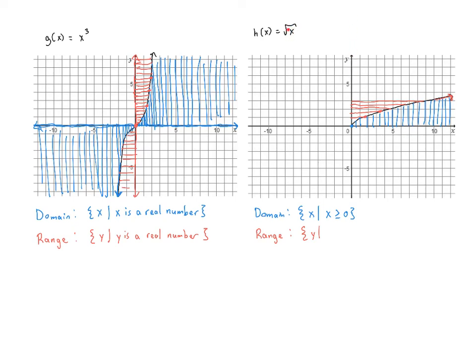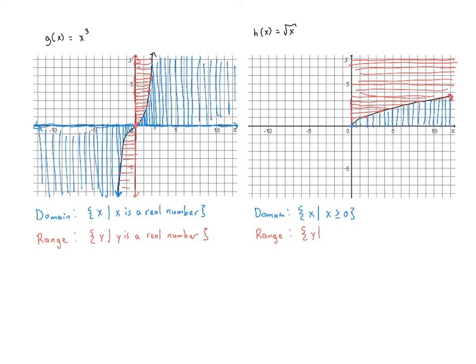As x increases, the square root of x is going to continue to increase and get bigger and bigger. And so we will eventually end up with 5, because 5 is the square root of 25, and we will end up with 8, because 8 is the square root of 64. And if we keep going, we're going to end up with all of the positive values.